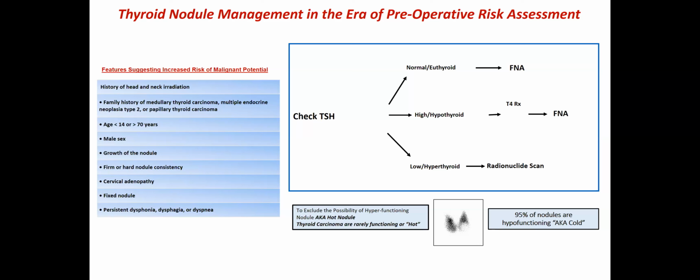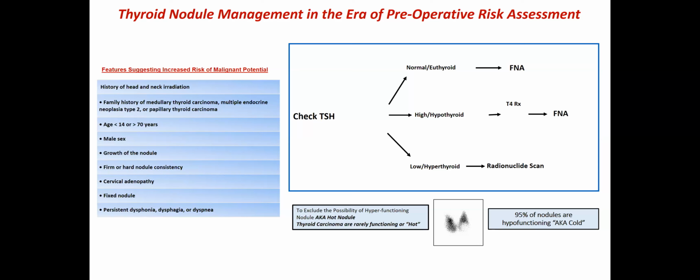For all the patients in whom the TSH is within normal range or is high, meaning the patient is hypothyroid, you really do not need to do any other studies, and you can biopsy these nodules. When the TSH is low, that means the patient is hyperthyroid, and the nodule in question may be a hyperfunctioning nodule. In those cases, some of these patients may undergo a radionuclide scan to see if the nodule is hyperfunctioning or hypofunctioning, which in turn will be hot or cold nodules.